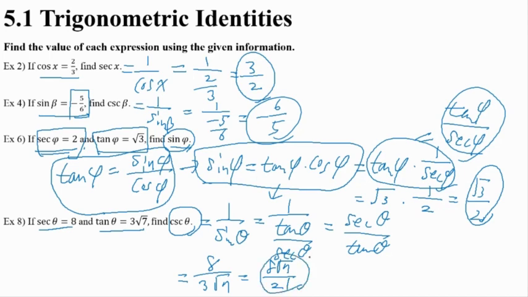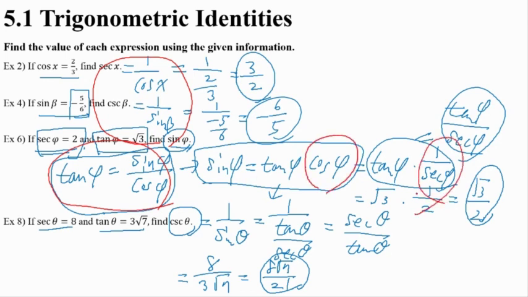For numbers 2 to 4, just memorize the formula. Simple formula. Number 6 and 7 are also simple formulas, but they need one more step because cosine is 1 over secant.